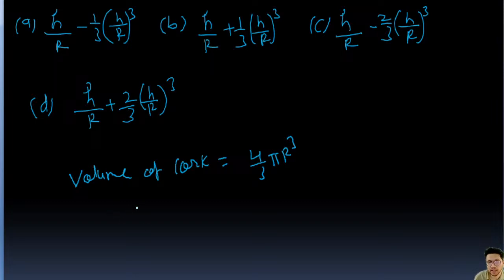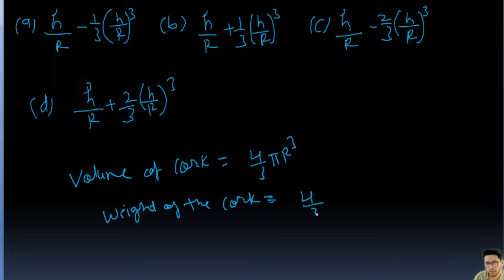Now we'll find the weight of the cork. Weight means we multiply volume with g, the gravity, and the specific gravity is also given.